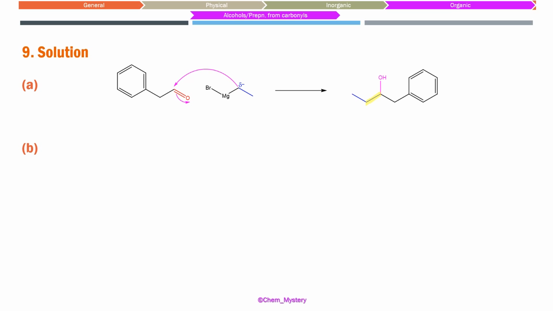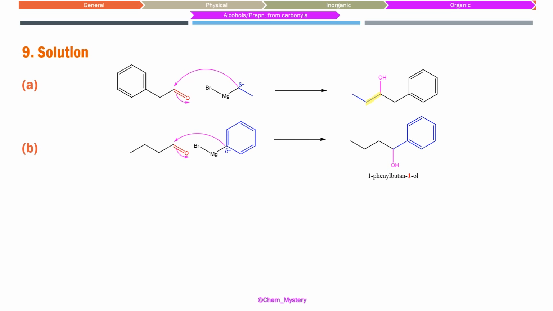In the second option, when we are reacting these two compounds, the phenyl group reacts, and this is the new bond formation taking place. This product being formed is 1-phenyl butane 1-ol. We don't want 1-ol, we wanted 2-ol. So that's not going to be the correct choice to prepare that compound, and that is what will be the correct option basically.